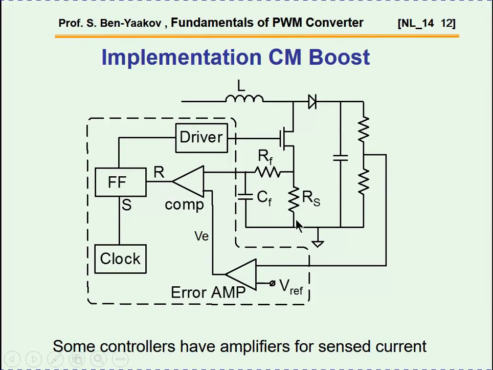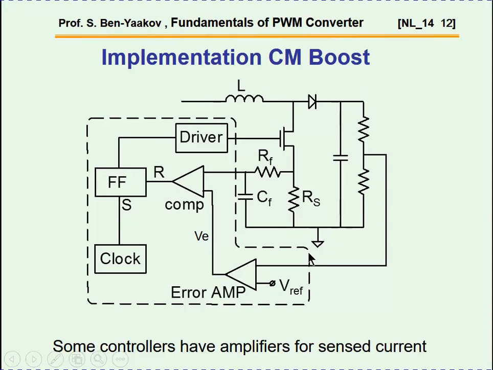Okay, now here what happens, suppose the voltage will change from the reference value, say it's going up. If it's going up, this VE will change. As this will change, then the reference to the current will change, and the current will be higher or lower as required with this negative feedback, so as to restore the value of the output.